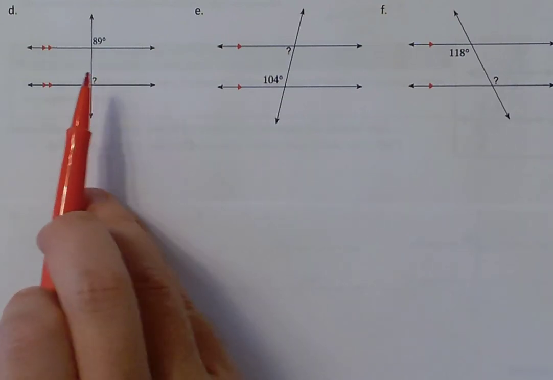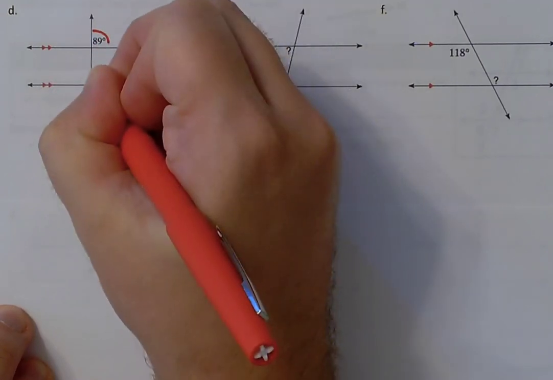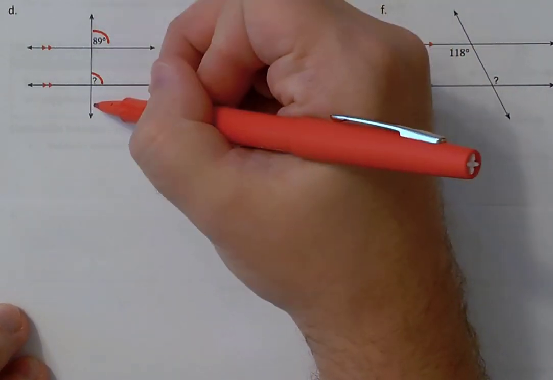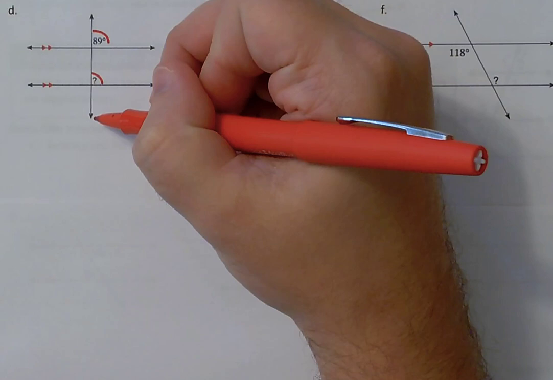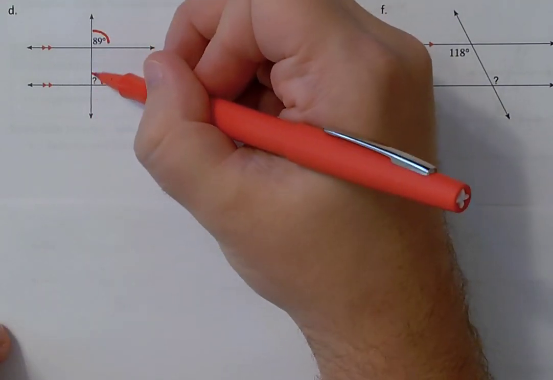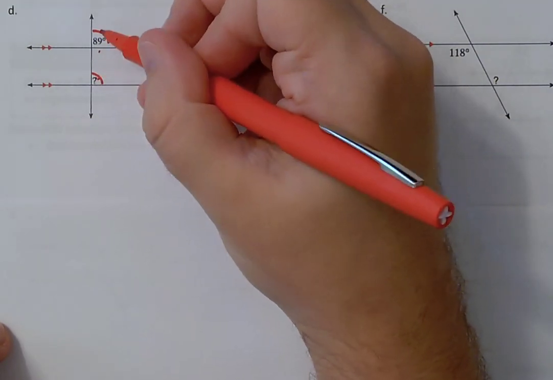All right, next, part D, we have 89 degrees, and then our angle in question right here. So, what angle pair or angle relationship are these two angles? Well, they're both on the same side of the transversal, so that's either corresponding or same side interior. Are they both in between the parallel lines or on the same spot of the parallel lines?